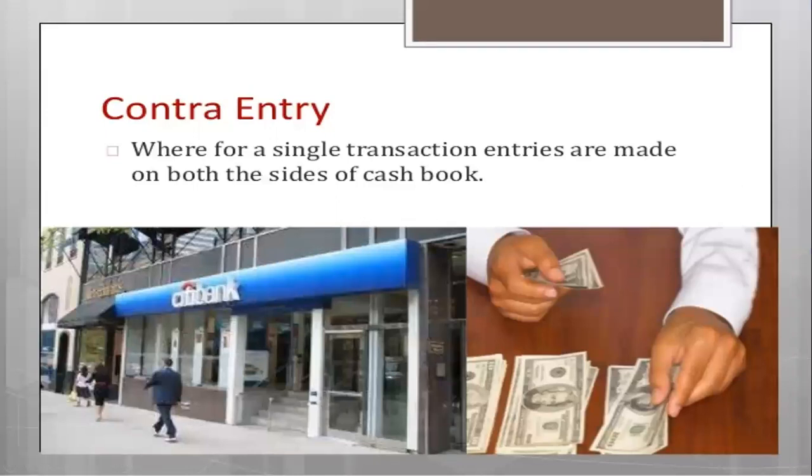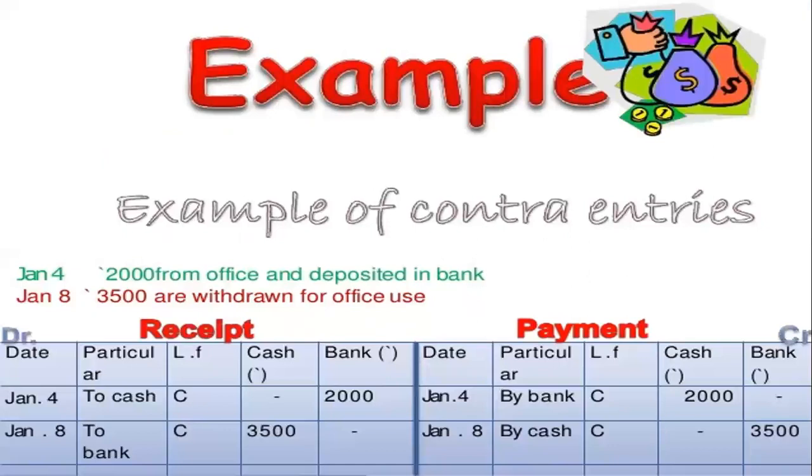Contra entry is an entry where in a single transaction both the sides of cash and bank are affected. That is called contra entry. There are only two transactions in which there is a contra entry. Either you deposit money in the bank, what effect will it have? It will reduce the cash in hand, but it will increase the cash at bank.